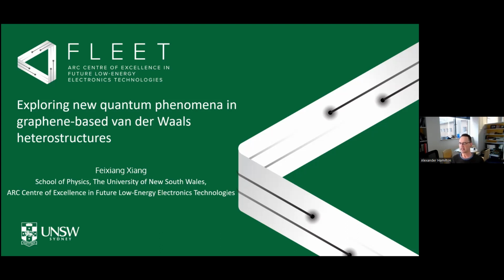Since 2017, he has moved to the University of New South Wales, where he's a member of the New South Wales Node of Fleet, and has done some beautiful experiments on graphene-based van der Waals heterostructures. So it's a great pleasure to introduce Feixiang and to catch up on some of his latest research.